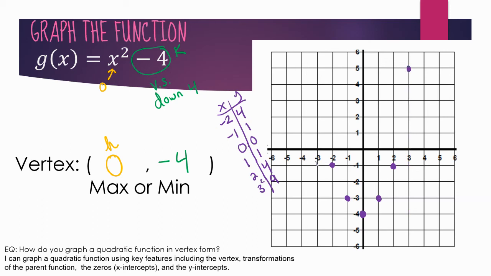And we could do the same thing on the other side. And that way you know you have a nice parabola. So if you're wondering how I got that, remember it's the number squared. So we know that 3 squared is just going to be 9.